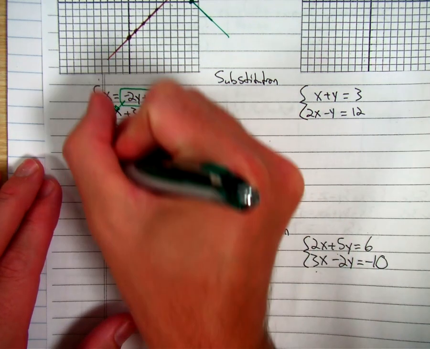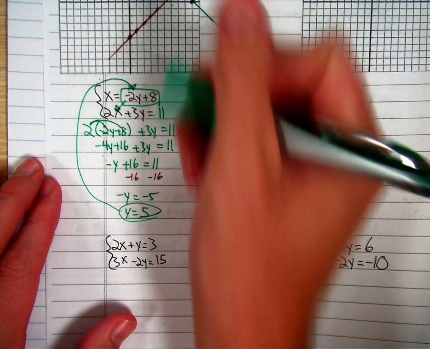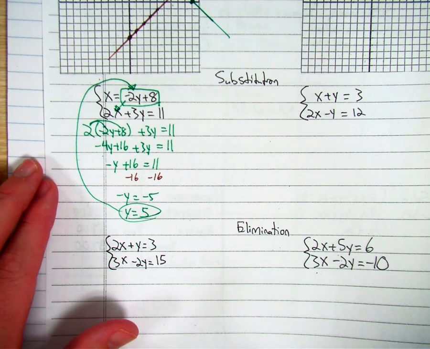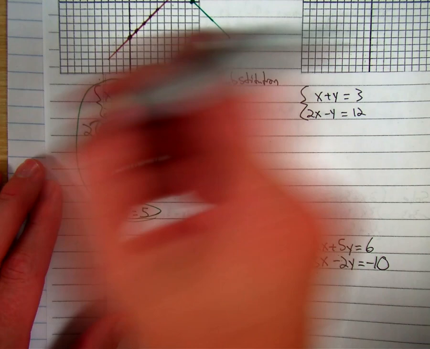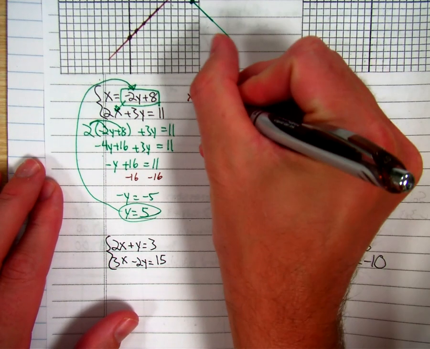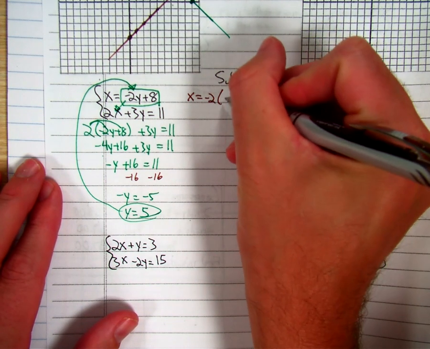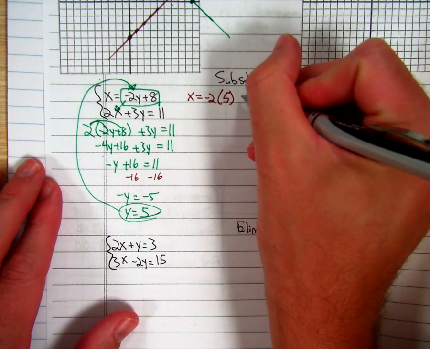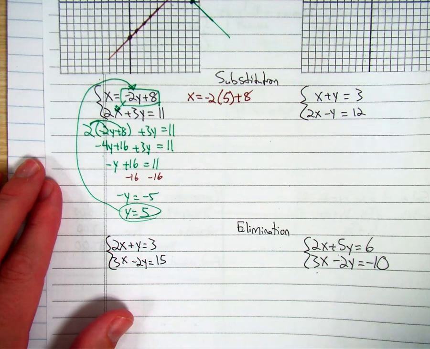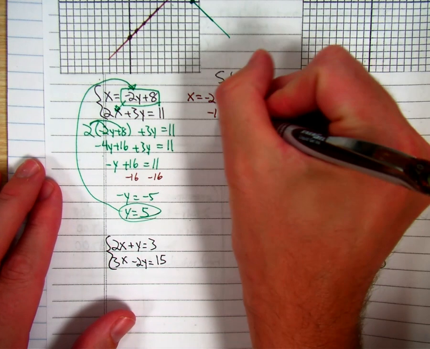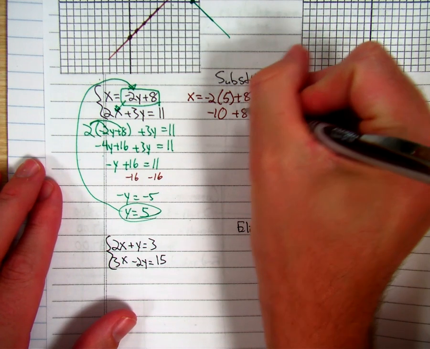We're going to take that and plug it back into the x equals equation, plugging it in for y up there. Negative 2 times 5, so we'll have negative 10 plus 8.